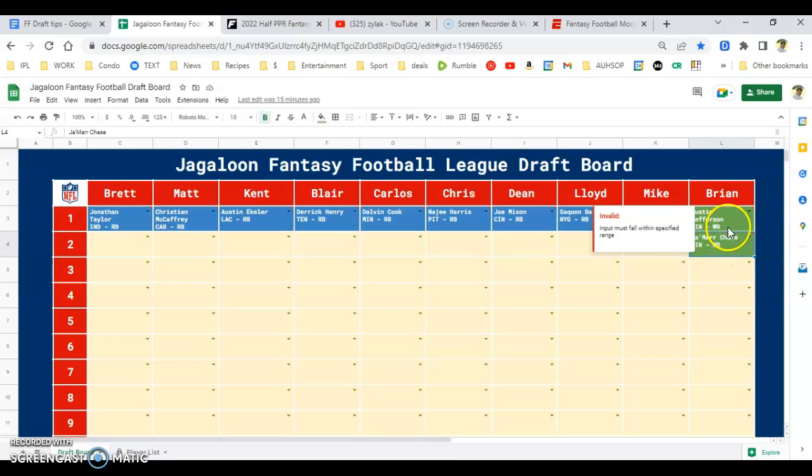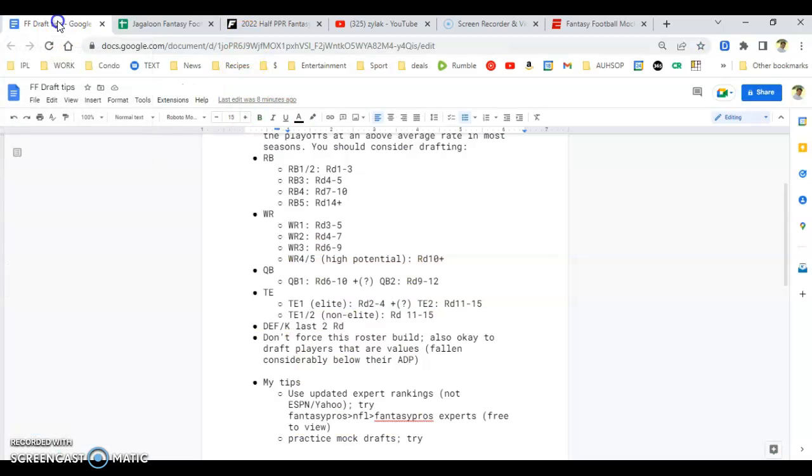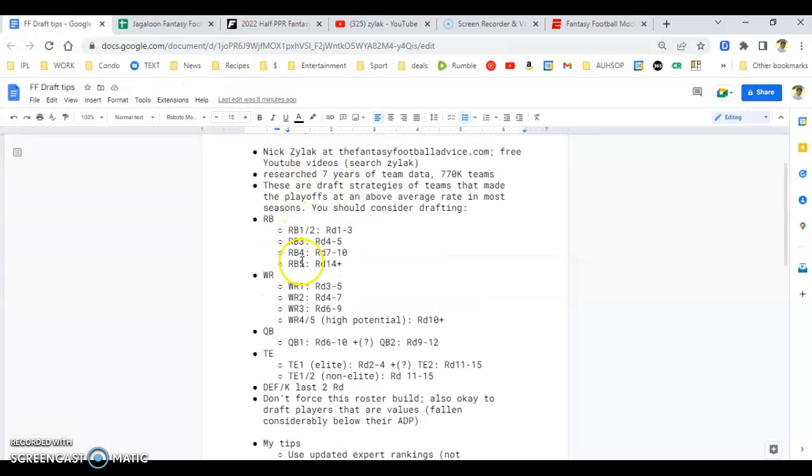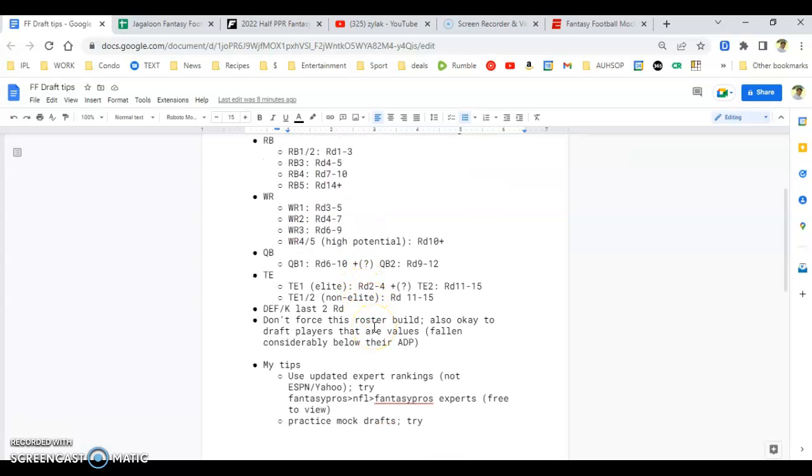But this is not a bad option if your favorite running backs are already taken, to choose wide receiver. So even though it violates this running back build suggestion, these players would be great values at those positions.